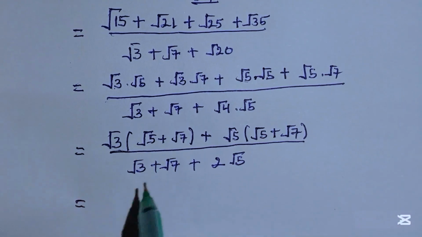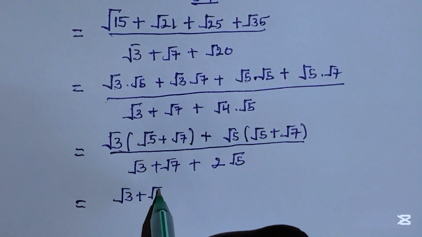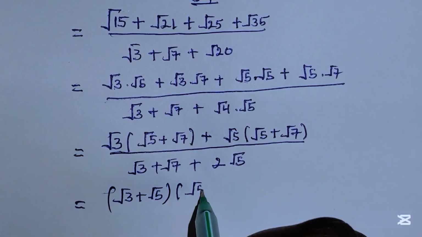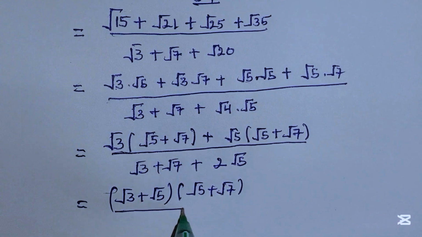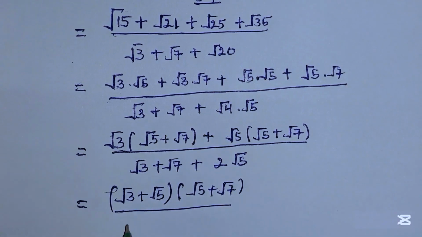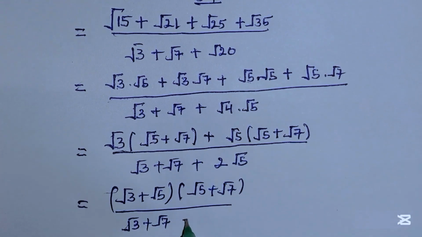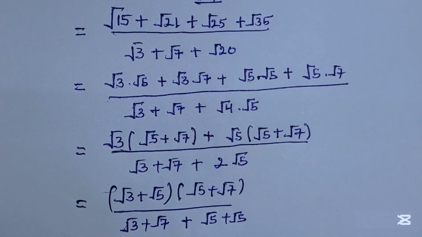Then this is equal to square root of 3 plus square root of 5 times square root of 5 plus square root of 7 over square root of 3 plus square root of 7 plus this can be equal to square root of 5 plus square root of 5.